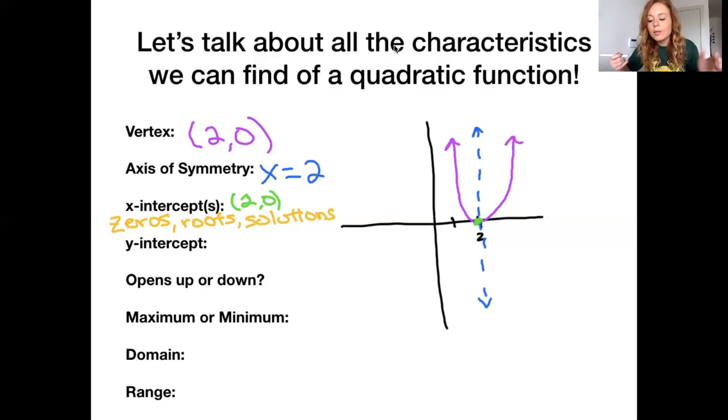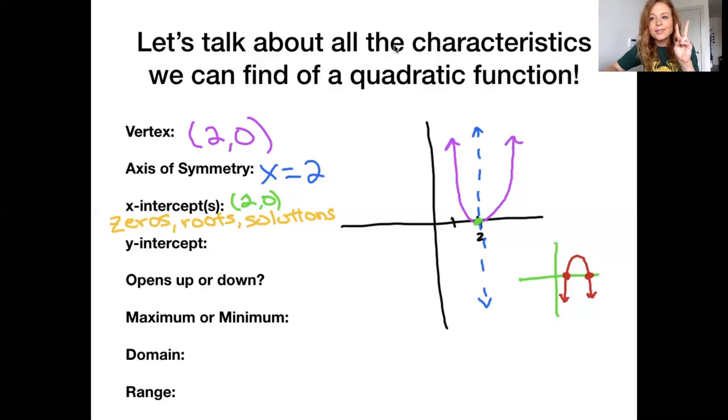Sometimes with parabolas, let's sketch a couple of graphs. Sometimes we might have ones that cross twice because they look more like that, and it has 2 x-intercepts.